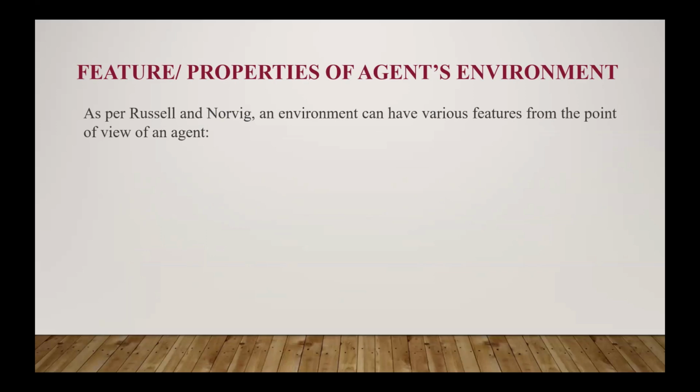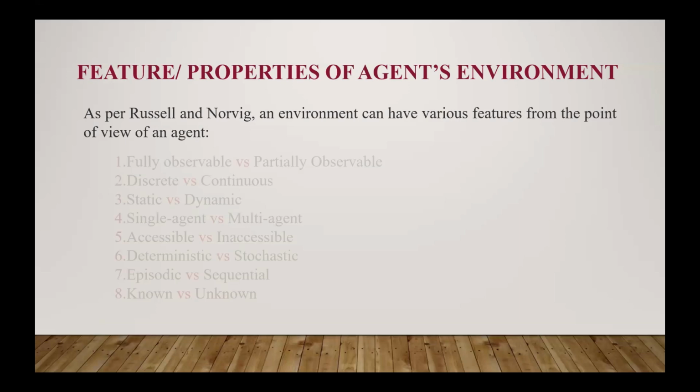As per Russell and Norvig, the environment can have various features from the point of view of the agent. All the classification is done on the basis of the agent's view.